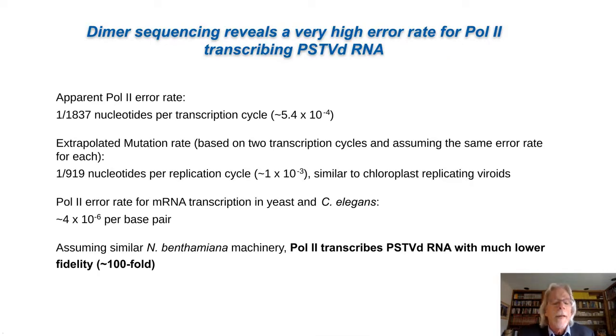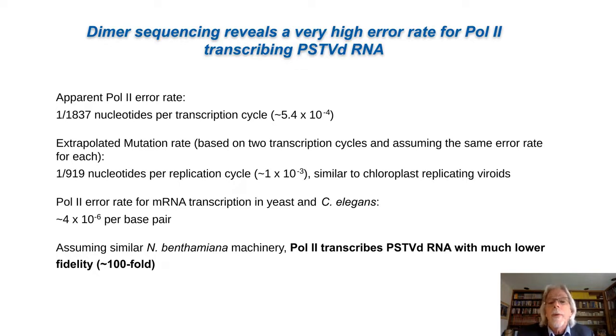So again, we saw an apparent Pol II error rate, an observed error rate, if you will, of 1 in 1837 nucleotides per transcription cycle, or to put it another way, an error rate of 5.4 times 10 to the minus 4. From this, we extrapolated a mutation rate because we couldn't look at it directly.